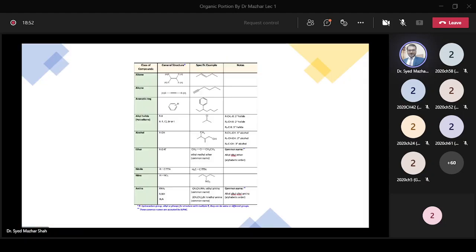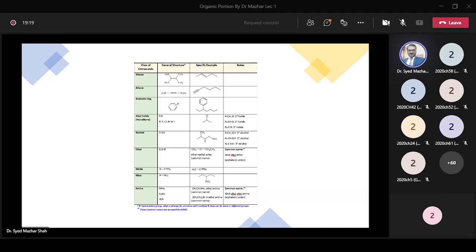Here is a list we already discussed, with their general structures and some specific examples. For example, alkenes, alkynes, and then another similar group, the aromatic ring. Do you know anything about the difference between alkene, alkyne, or aromatic group?